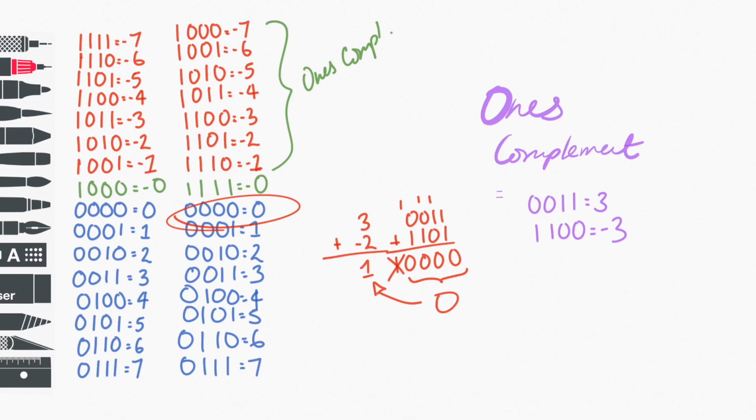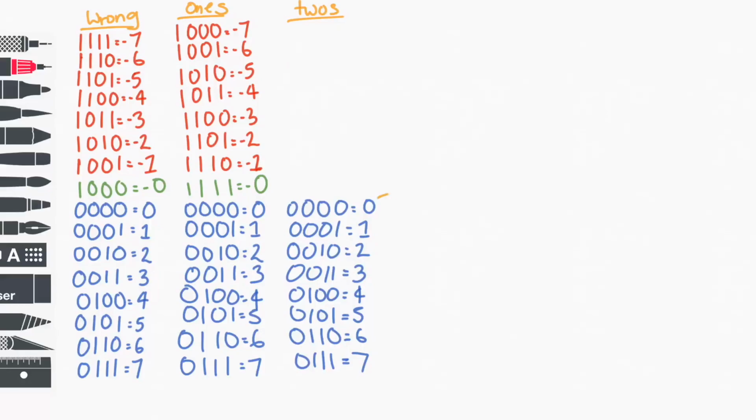So why don't we just shift these negative numbers 1 down so that we will be at the right number? And this is where 2's complement is going to come in. We're going to leave the positive numbers alone, but in 2's complement, for every single one of these negative numbers written out using 1's complement, we're going to add 1 to that.